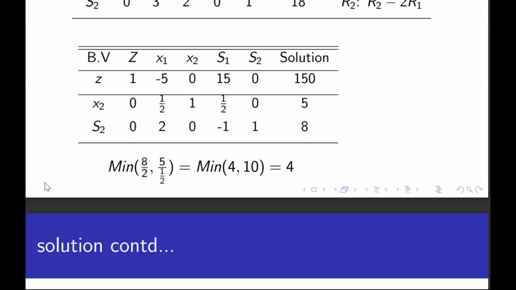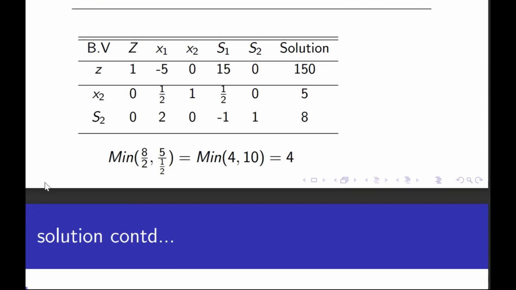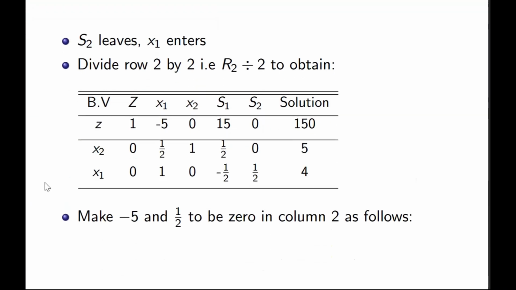The minimum here we get is 4, which is 8 divided by 2. So s2 leaves and x1 enters.